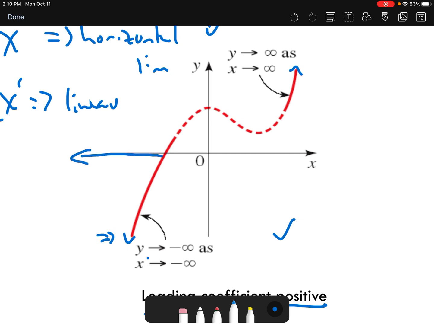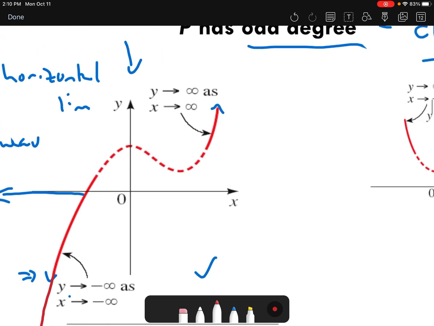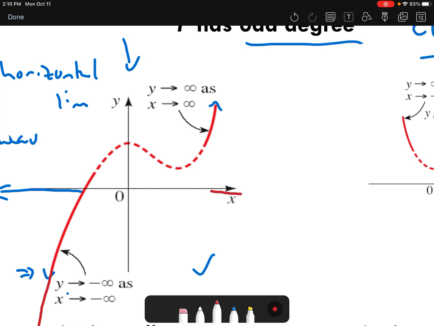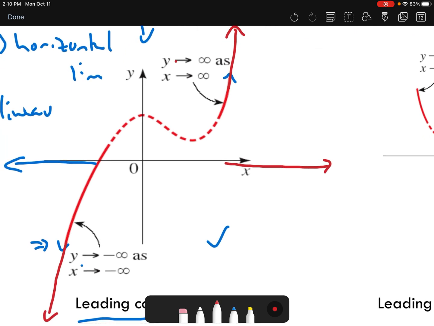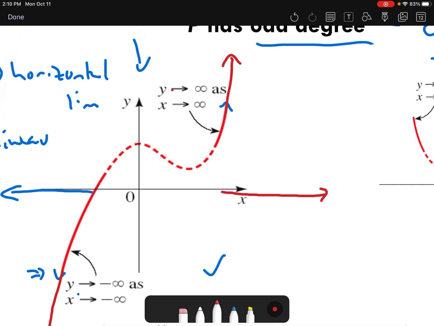So as we go down the x-axis here to our left, y is going down forever as well. As we go to positive infinity on the x-axis, y is also approaching infinity. That is called ending behavior. So in other words, y approaches negative infinity as x approaches negative infinity, and y approaches positive infinity as x approaches positive infinity.